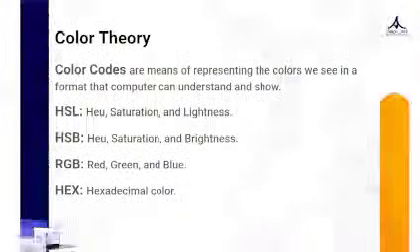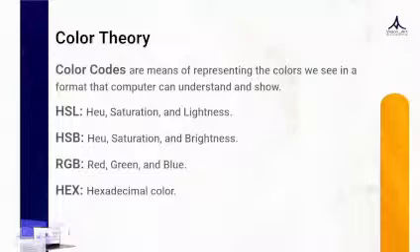Now we are still on color theory. We also have color codes. Color codes are a means of representing the colors we see in a format that a computer can understand and show. Something like hash FFFF is white, and hash FEF, something like that, is another color.